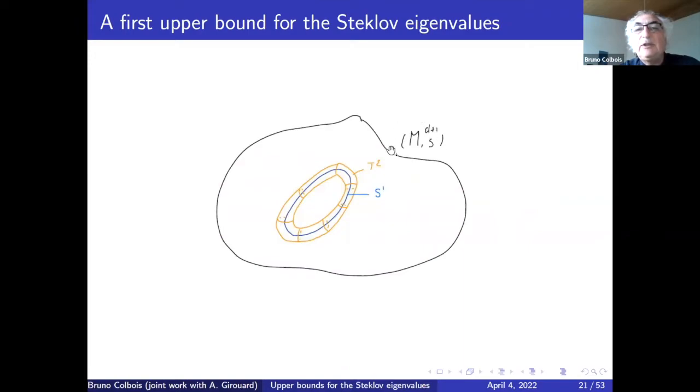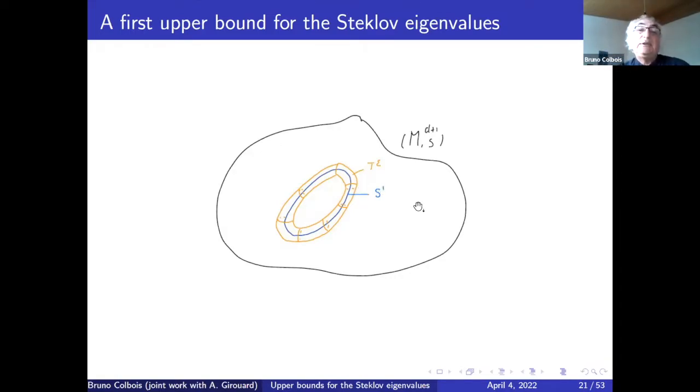So you begin with a Riemannian manifold of dimension d+1 greater or equal to 3. You look at a submanifold of codimension at least 2, so here I just take S1. And you consider the epsilon tubular neighborhood, and you let epsilon go to 0.